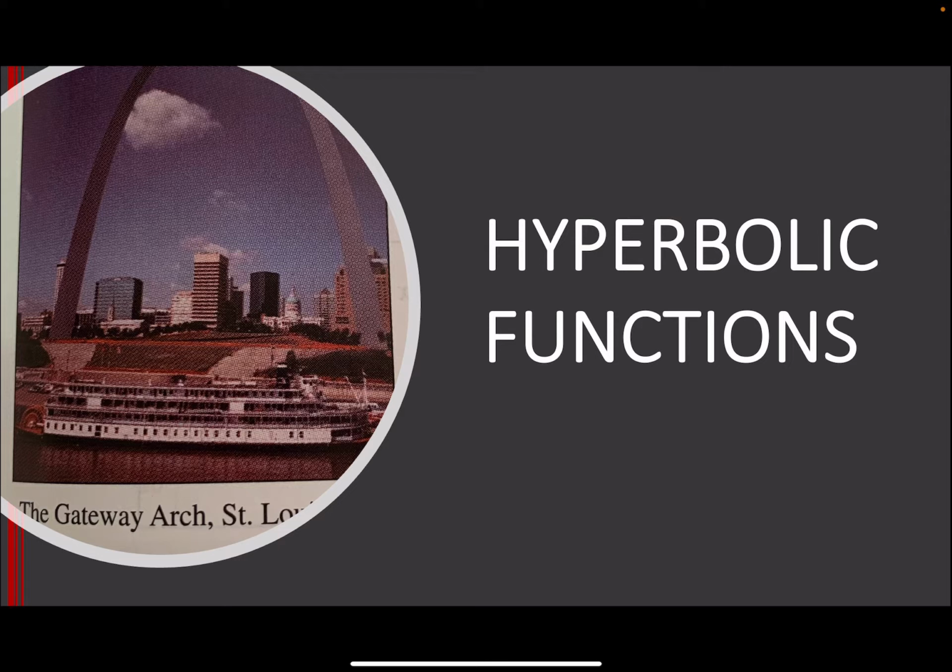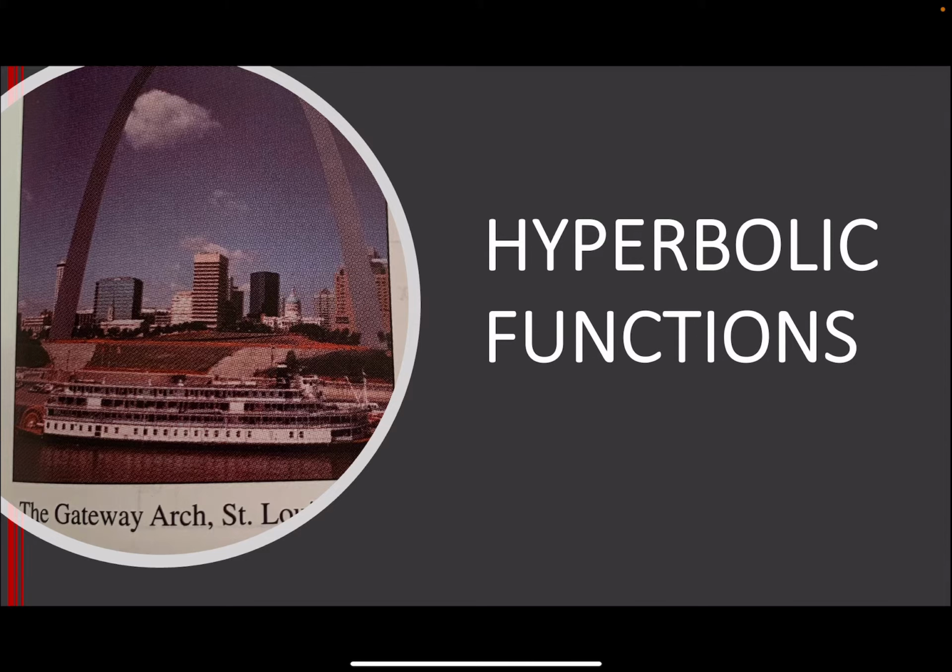For example, if you look at the photo, that is the Gateway Arch in St. Louis, United States. It is one of the most distinctive and recognizable architectural structures in the United States. Now, when you look at the arch, do you think that the arch is taller compared to its width?